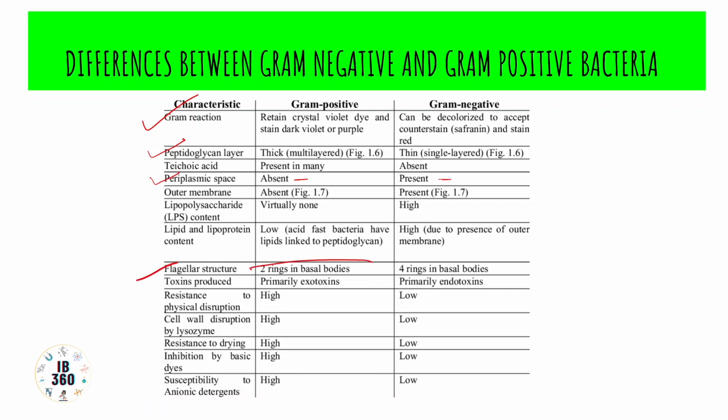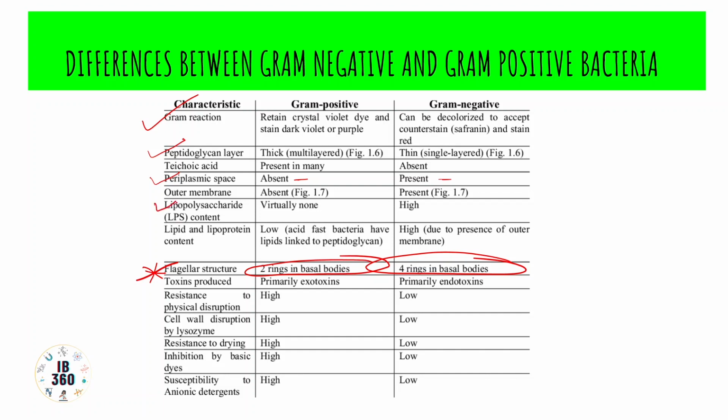Two ring basal bodies are found in gram positive and four ring basal bodies are found in gram negative. This is quite obvious if we study the flagellar structure properly, and we will discuss this in more detail when we talk about flagella in later classes.